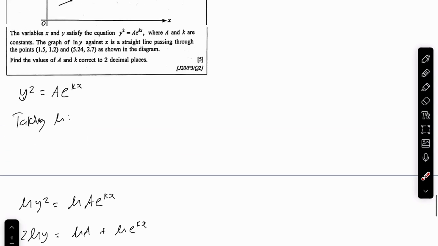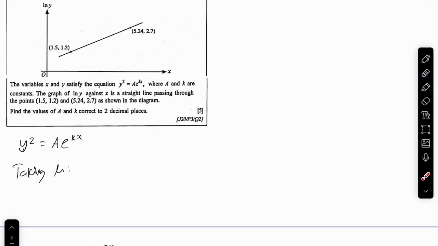So this is a very common type of question. What it's doing is trying to get you to find the values of a and k here, but usually they're trying to show you how to convert a graph from linear form into exponential form or vice versa, because a lot of the time these exponential graphs look like this.